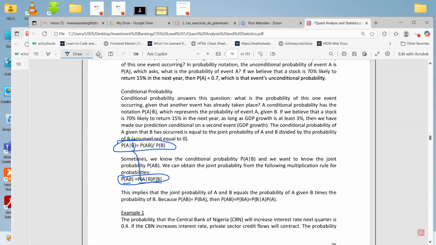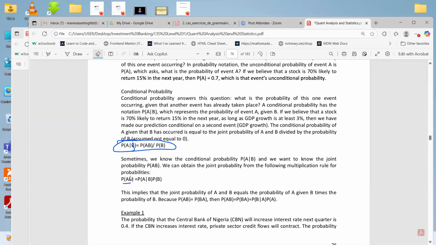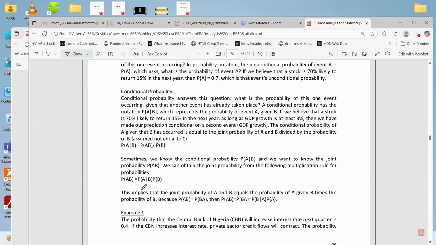Aha, this is it here. Please watch previous videos. They are really very important because these are the concepts we build on. All right, so this could have been AS here. So probability of AS is the probability of A given S multiplied by the probability of S. Please, is this clear now? Just this bit.